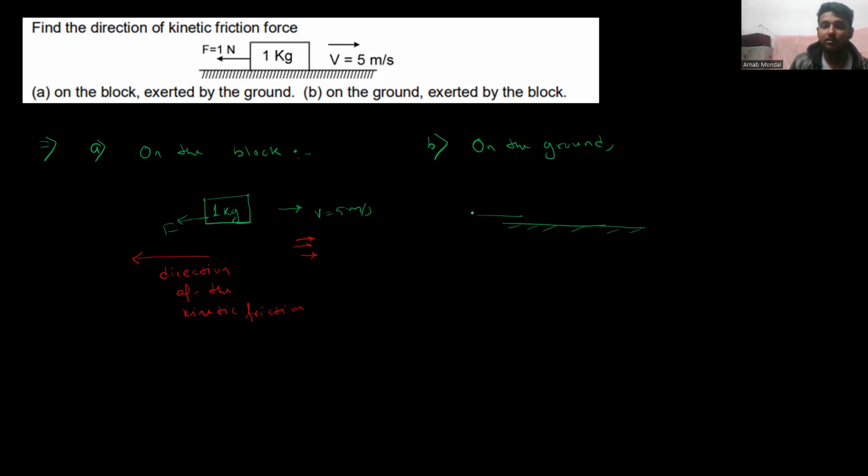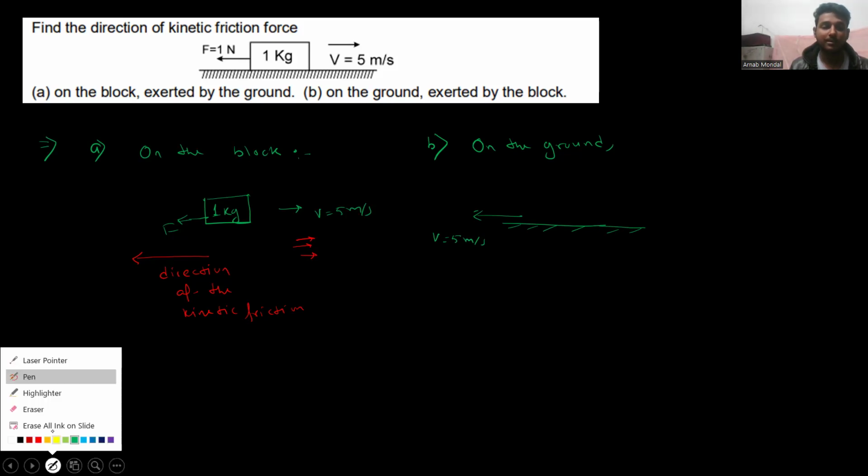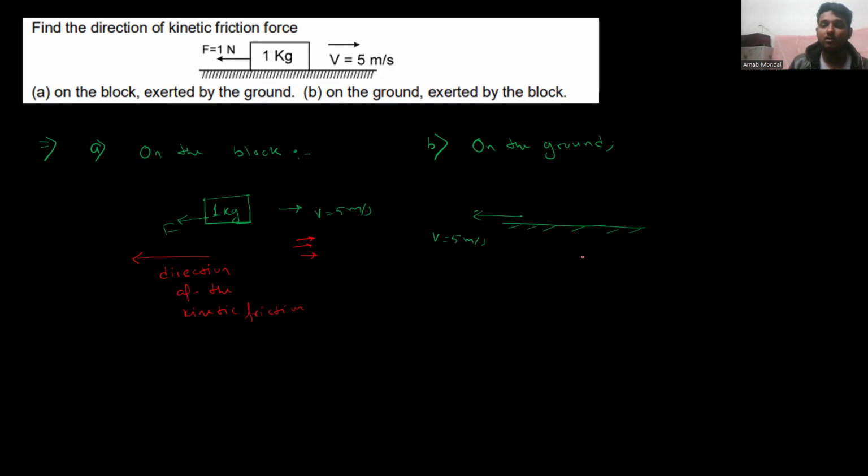It will be in this direction, V is equal to 5 meter per second. So obviously the direction of the kinetic friction force will be the right direction. I think this is clear. Is it clear? Okay, thank you.